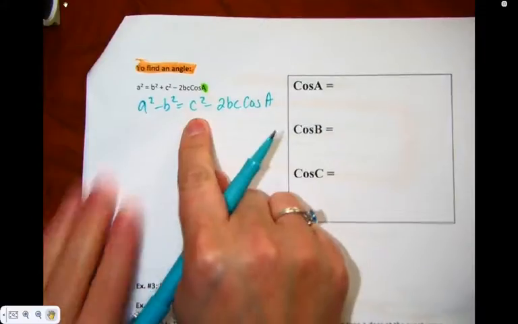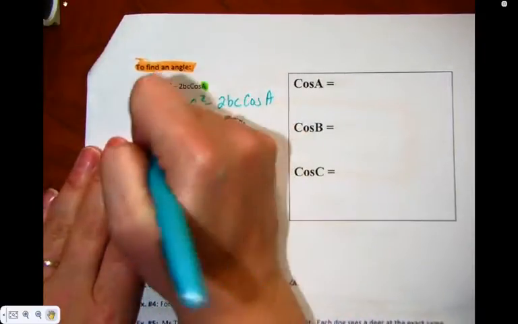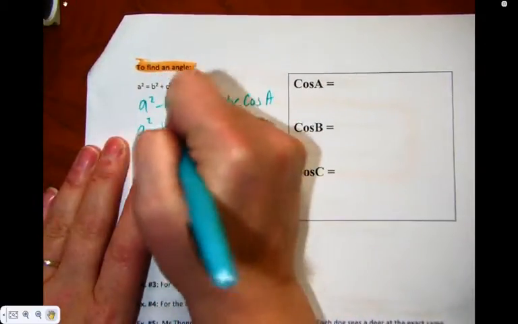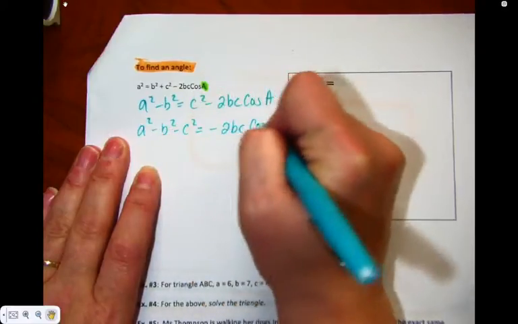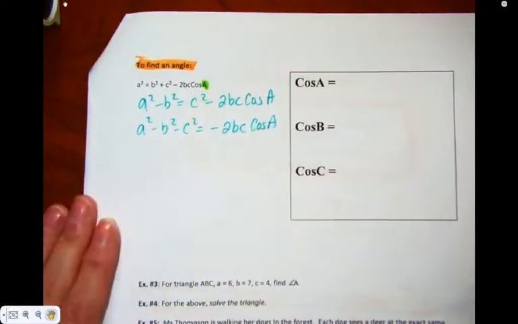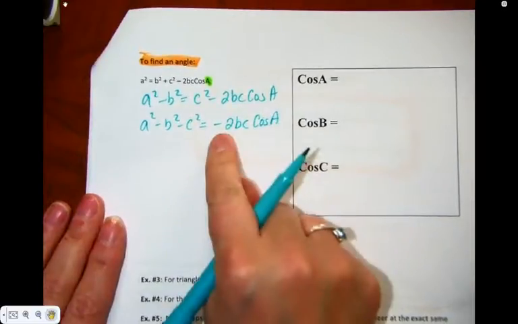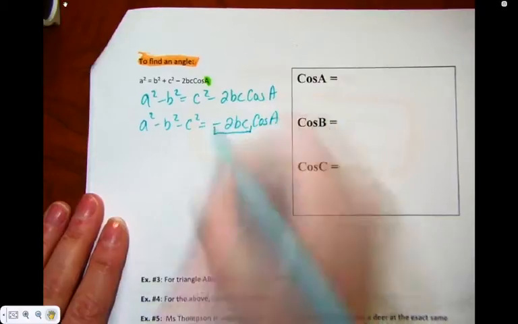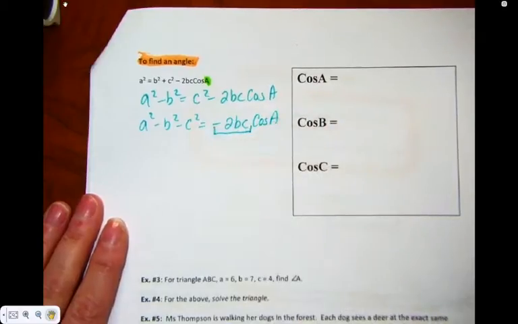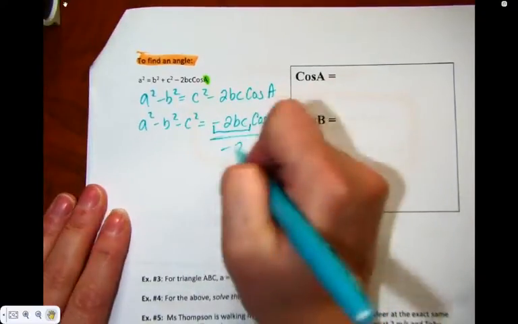How do I get rid of C squared? Subtract it to the other side. Negative 2 times B times C is multiplied by cos A, so we can think of this like one term. How do I get rid of a multiplication by negative 2BC? Divide by negative 2BC.